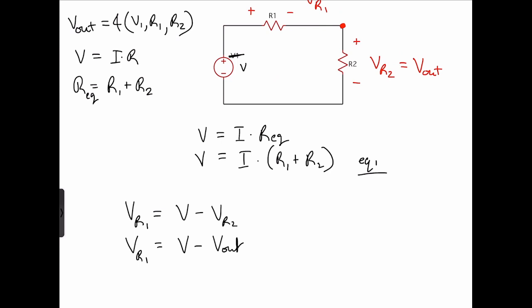So it's just the difference across the resistor R1, and we can call that equation 2.